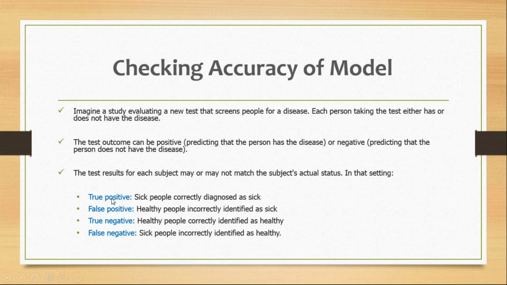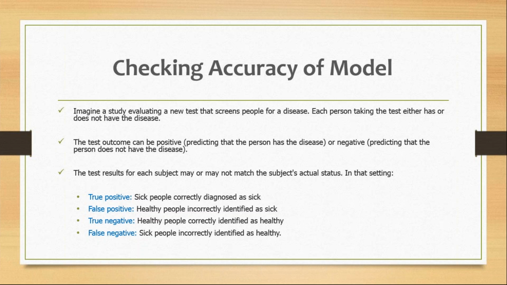A true positive is sick people correctly diagnosed as sick. A false positive is a healthy person incorrectly identified as sick, which is a kind of false alarm. A true negative is healthy people correctly classified as healthy, and a false negative is sick people incorrectly identified as healthy.